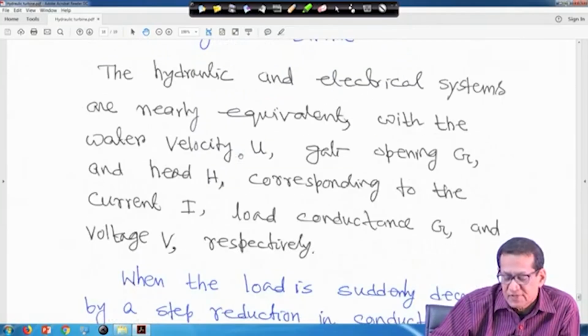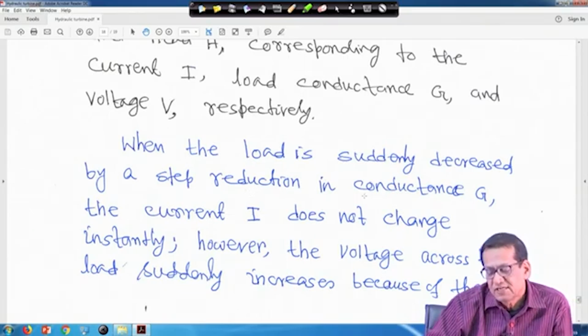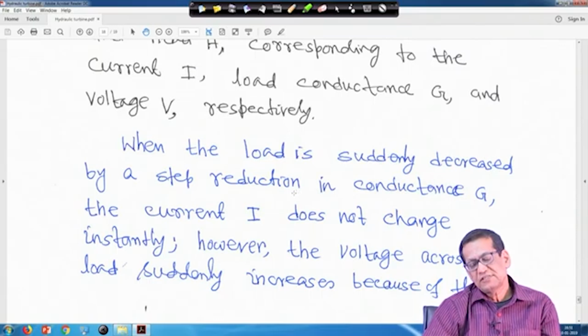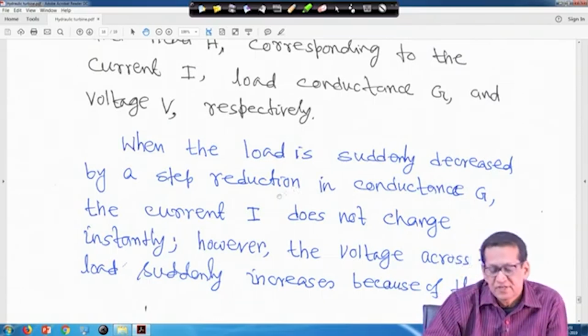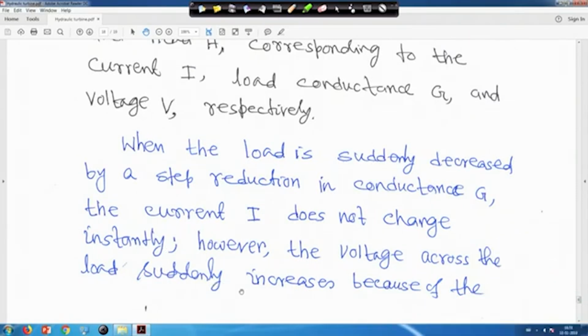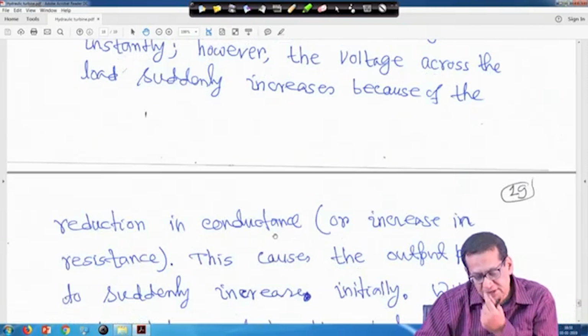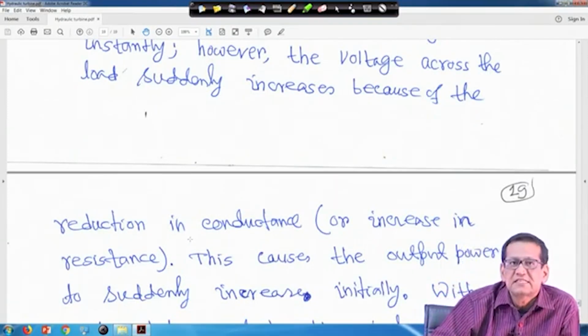When the load is suddenly decreased by a step reduction in conductance G, which means R is increasing, the current I does not change instantly, right. However, the voltage across the load suddenly increases because of the reduction in conductance or increase in the resistance, right.